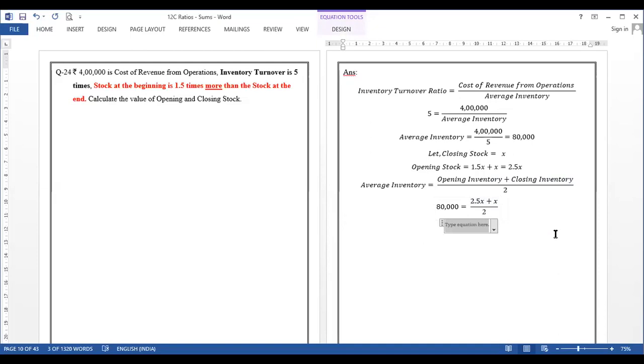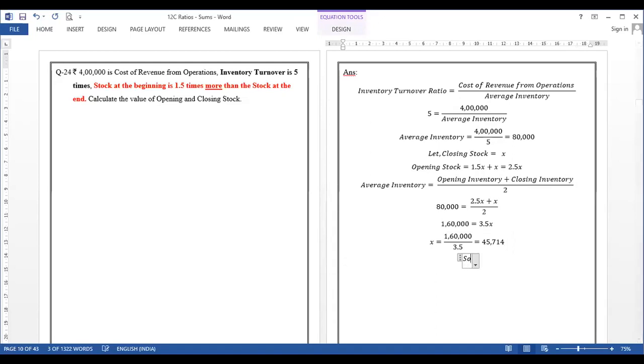60,000 equal to 3.5x. Okay, then x is equal to 1,60,000 divided by 3.5. Calculated this, it is 45,714. That is x, and x was assumed as the closing stock.